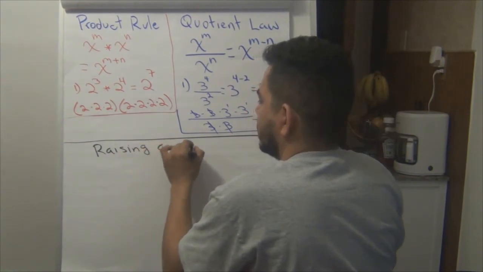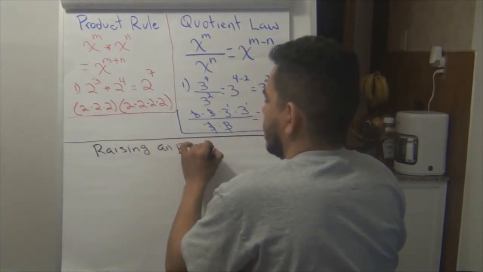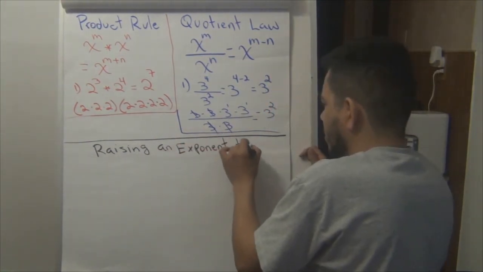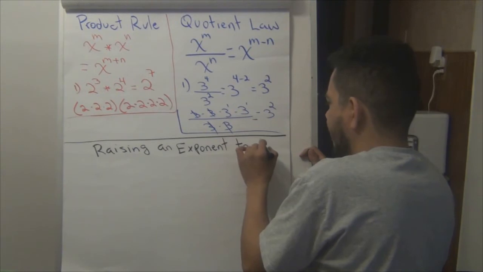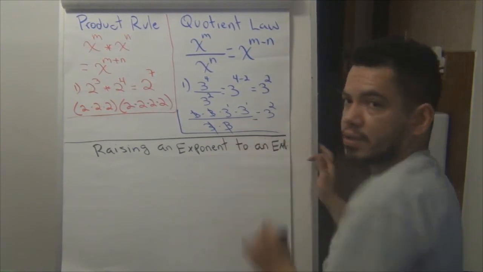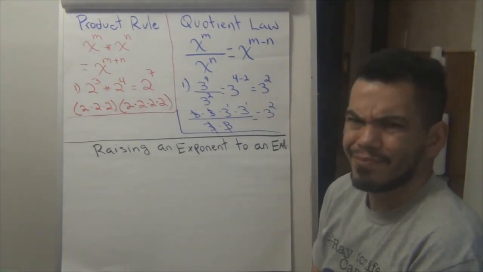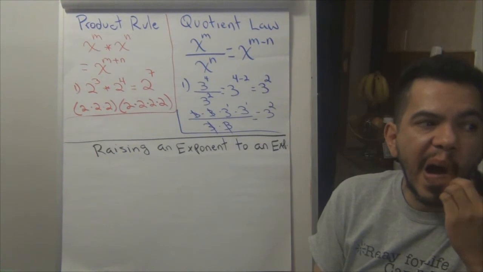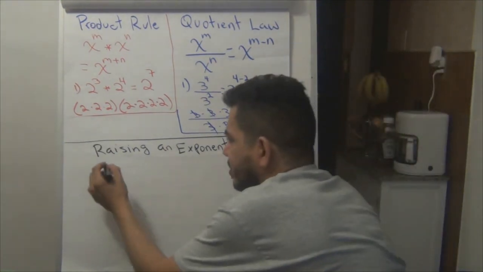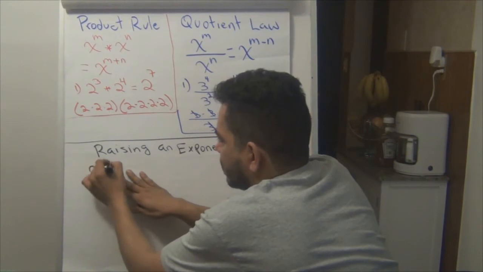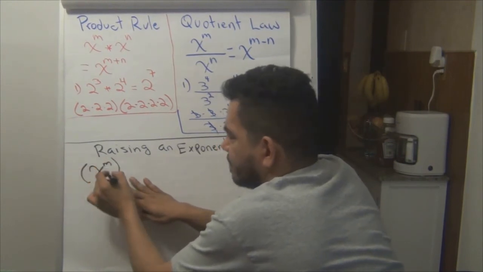Raising an exponent to an exponent. What? Easy. Let me see if I have an example. Well, the rule says the following. If you have a number raised to the power of m.